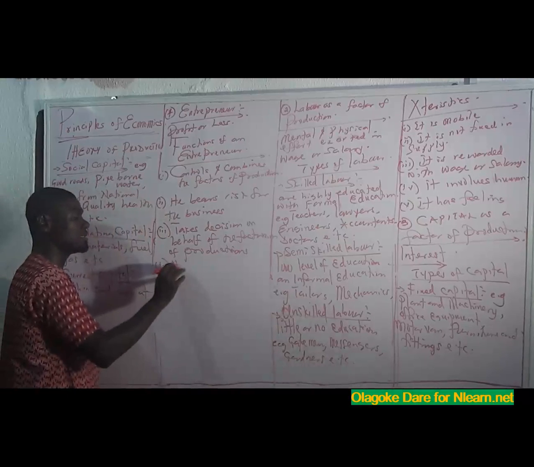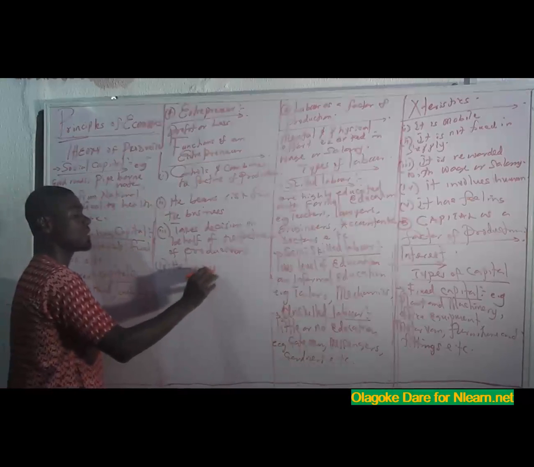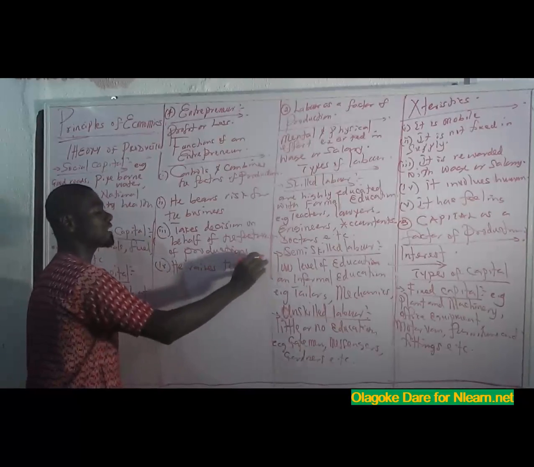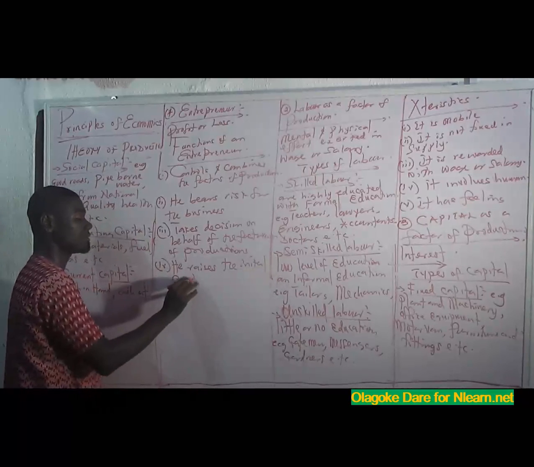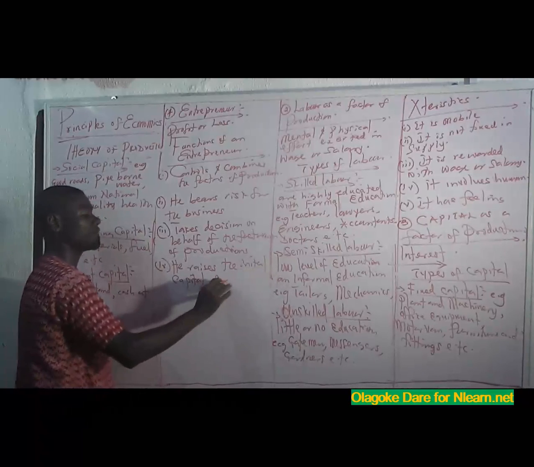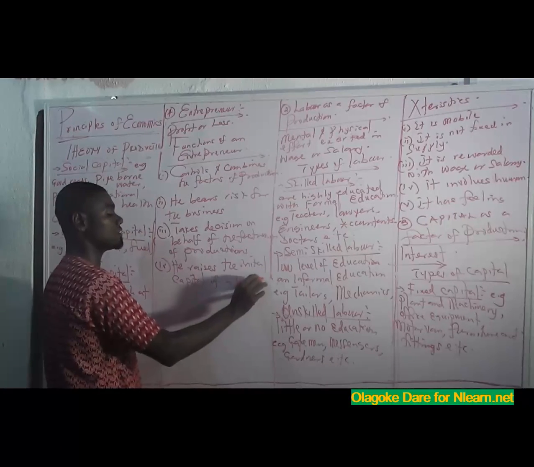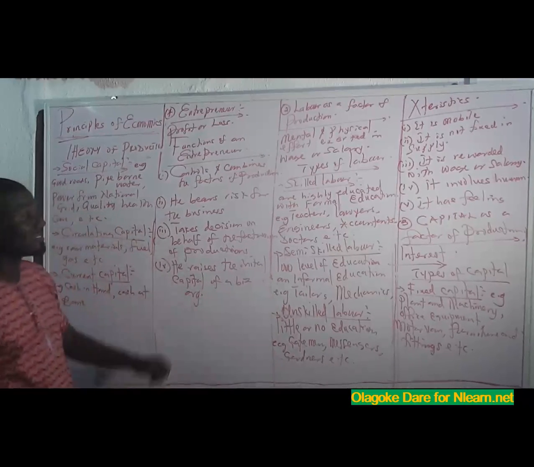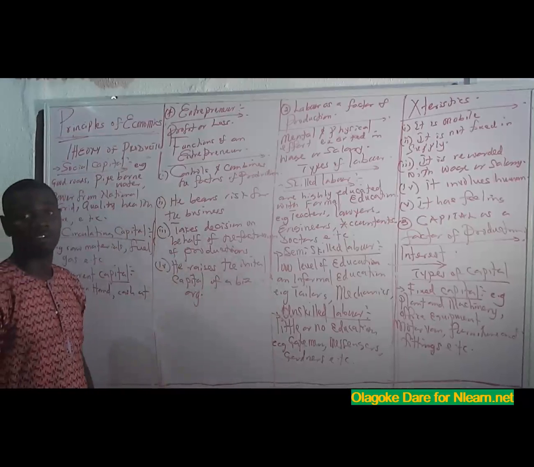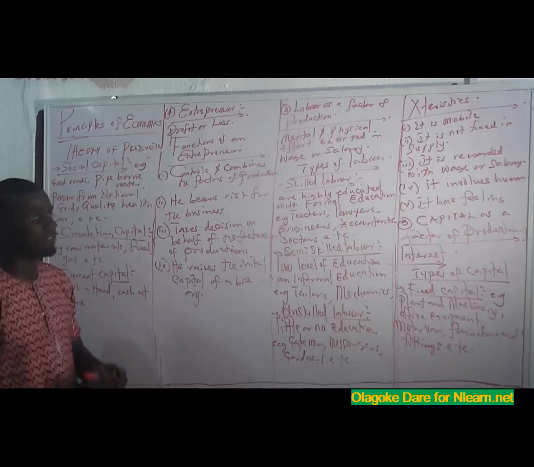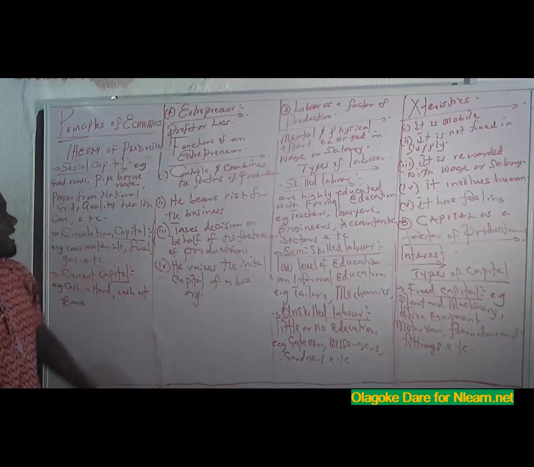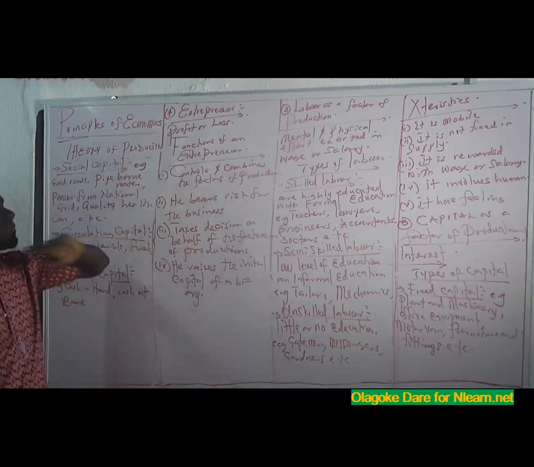Number next, he raises the initial capital of a business organization. So these are the functions of an entrepreneur as a factor of production.